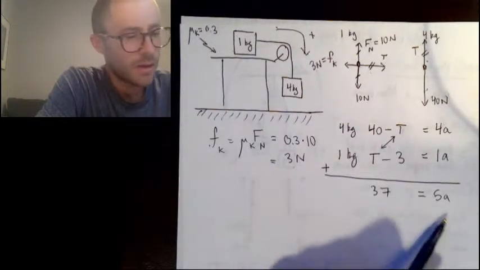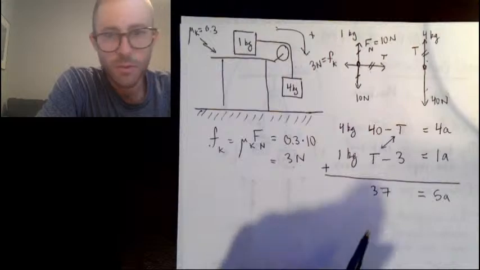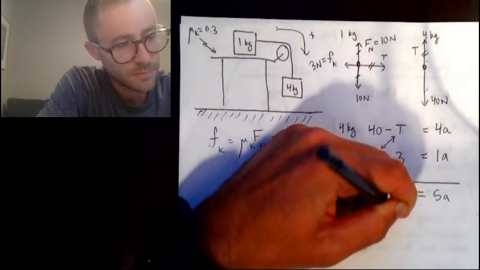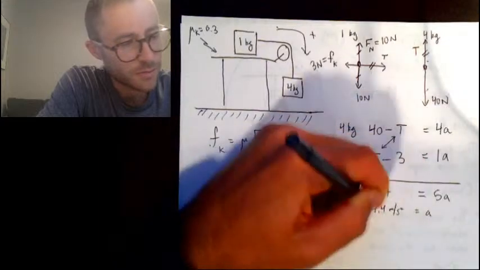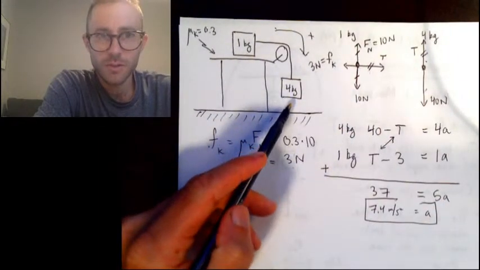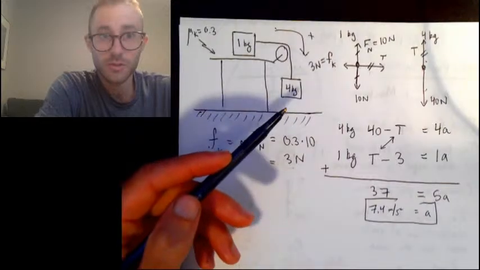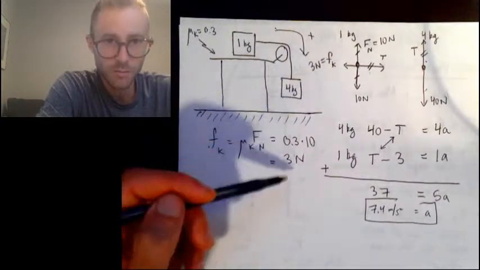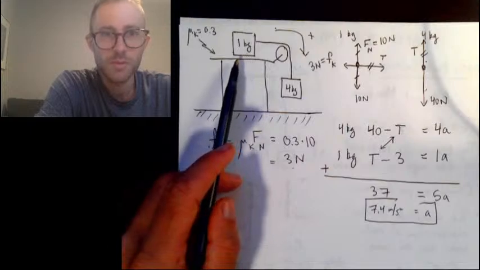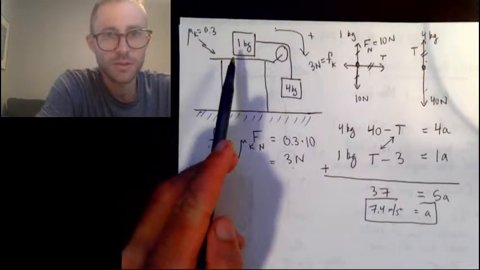I would get, what, 7.4 meters per second squared is the acceleration of the system. For the 4 kilogram mass, that's a 7.4 meter per second squared acceleration downward. And for the 1 kilogram mass, it's a 7.4 meter per second squared acceleration rightward.